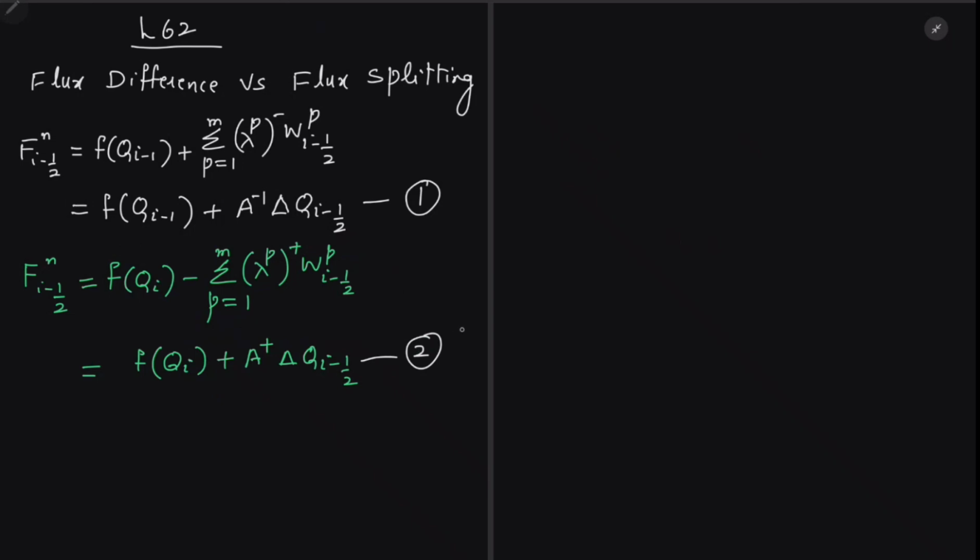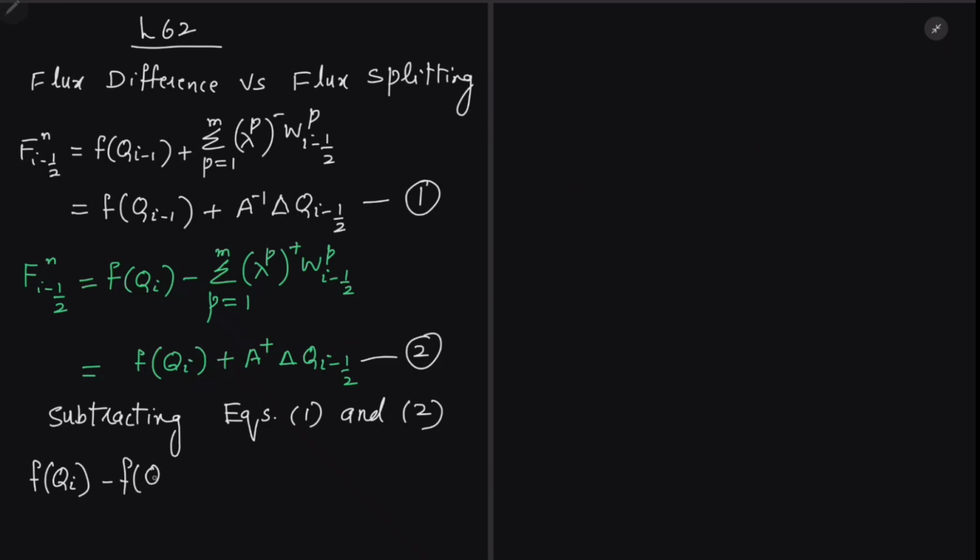Now if we subtract equations 1 and 2, we have, for example, f of q i minus f of q i minus 1, and just subtract that.